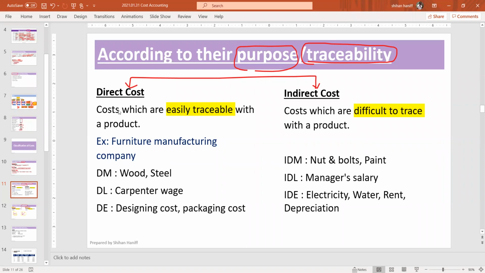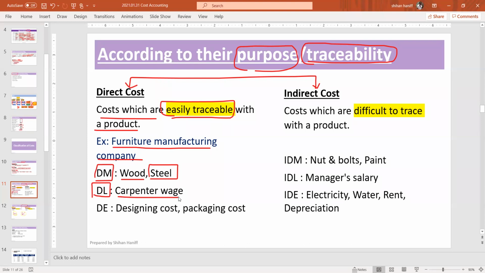Direct cost means costs which are easily traceable with the product. For example, if you take a furniture manufacturing company, direct material will be wood or steel, which you can directly see in the final product. Direct labor will be carpenter wage.